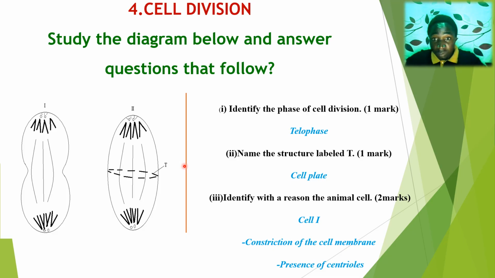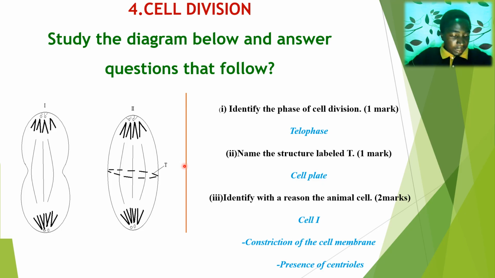So as you are doing this paper, or as you do any other paper, please always ensure that you note the minor distinctions that appear in diagrammatic questions. Let's look at part 1. Identify the phase of cell division.